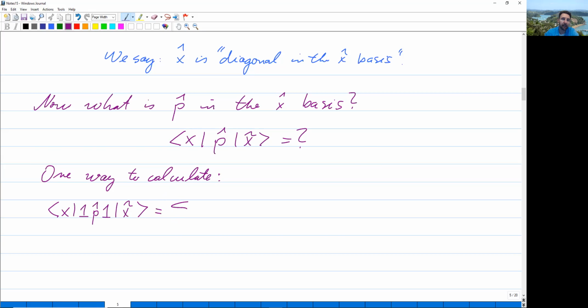And then we expand that in the Bm basis. So then we have x, and now I insert the resolution of the identity here, the Bn's. And then we have here the p hat, and now another resolution of the identity in terms of Bm, and then we have here the x tilde.